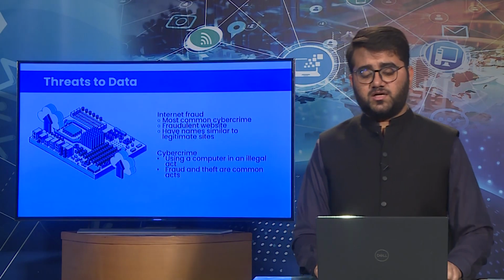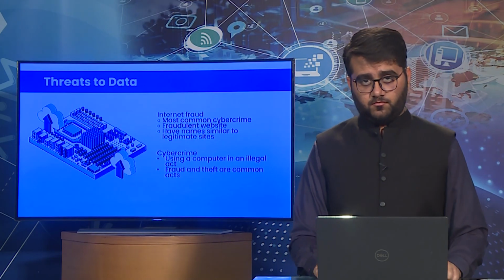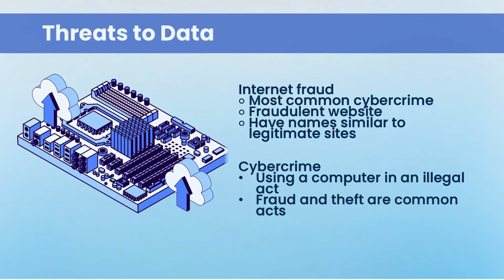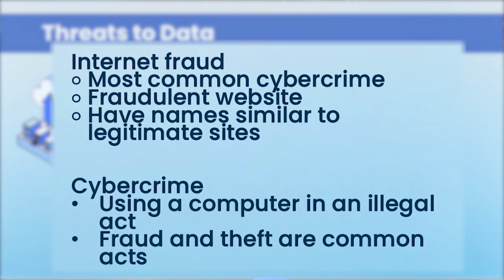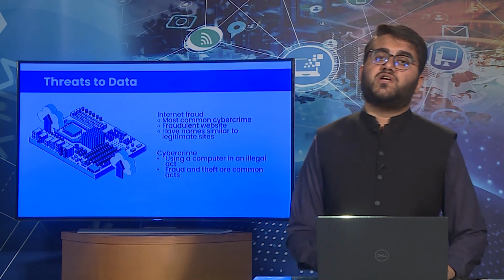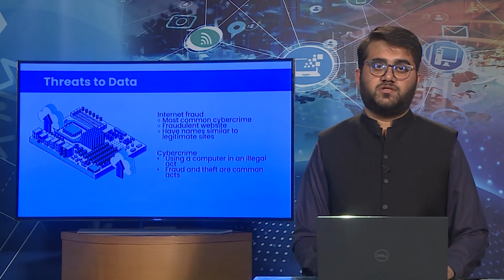Okay, so there are two more types of threats to data, and these are internet fraud and cybercrime. Internet fraud is basically a type of cybercrime. Cybercrimes are those crimes that are committed using computers or the internet. So all of those crimes that are committed using computers or the internet are called cybercrime.